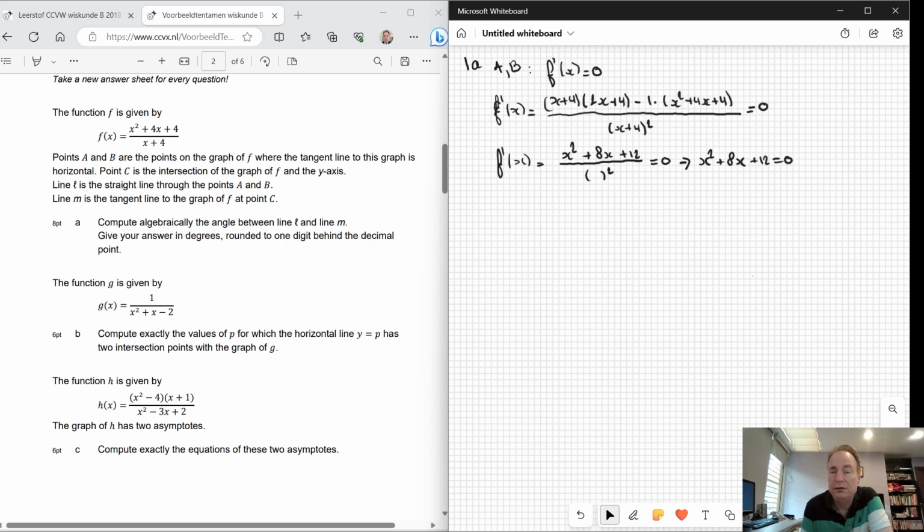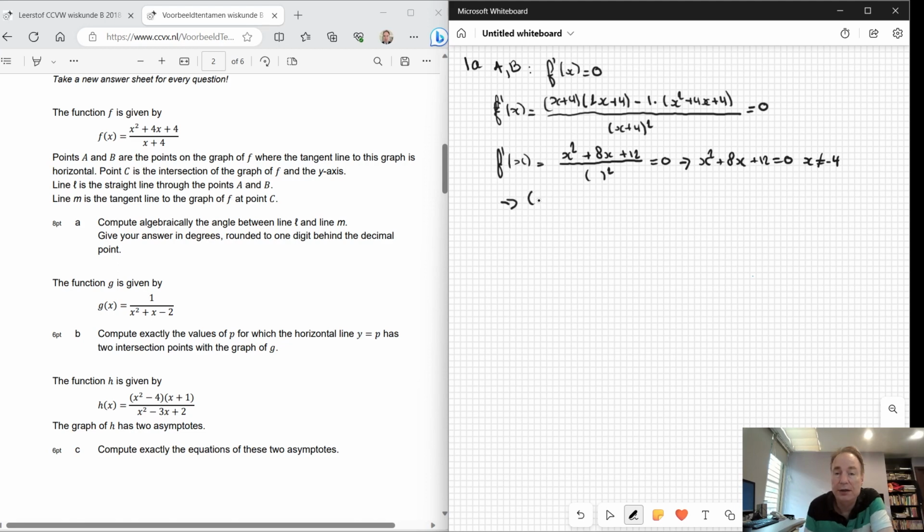Thus, we need to be careful that x cannot be equal to minus 4, because then the function will be singular. Let's see if we can factorize this. Look at all the factors of 12: 1 and 12, 2 and 6. There you go, 2 and 6. If I add 2 and 6, I get 8.